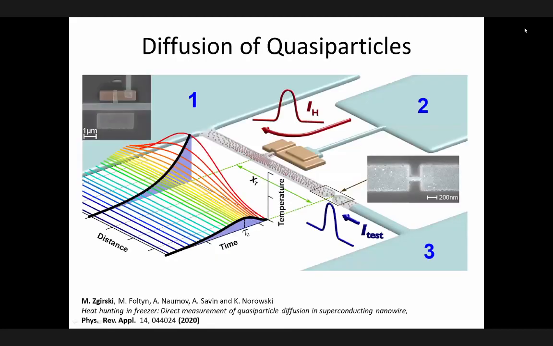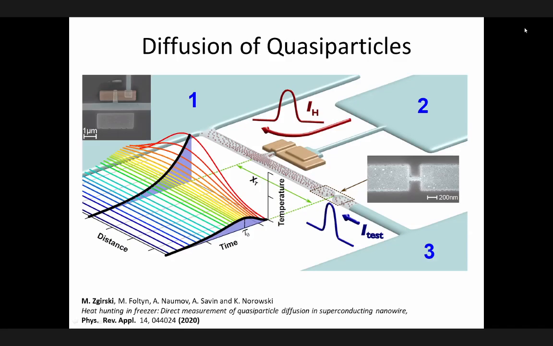So let's consider such an experiment in which we send a heat pulse here. It creates, this is a copper island, done with double angle evaporation. Here is a bridge 60 micrometers away. You send a 5 nanosecond pulse here, so you create quasi-particles.